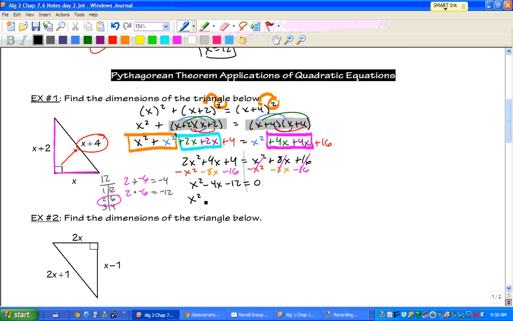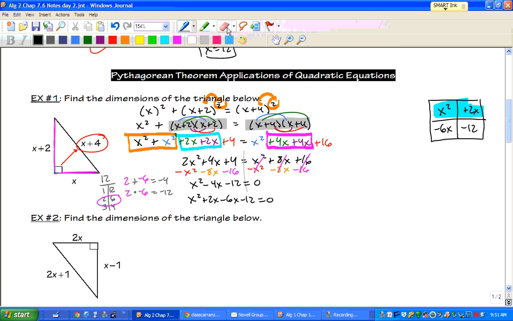So you get x squared plus 2x minus 6x minus 12 equals 0. Okay, and from there, you're going to need to factor. And we're going to do the box method. So you get x squared plus 2x minus 6x minus 12.